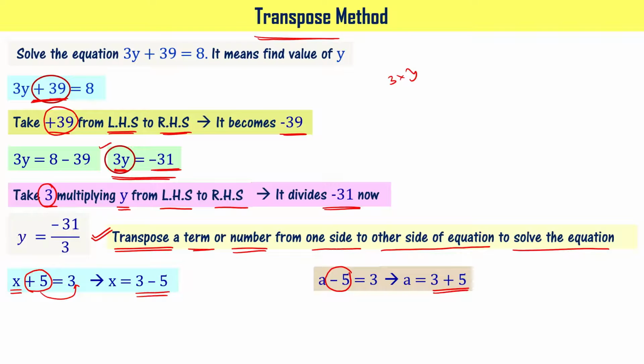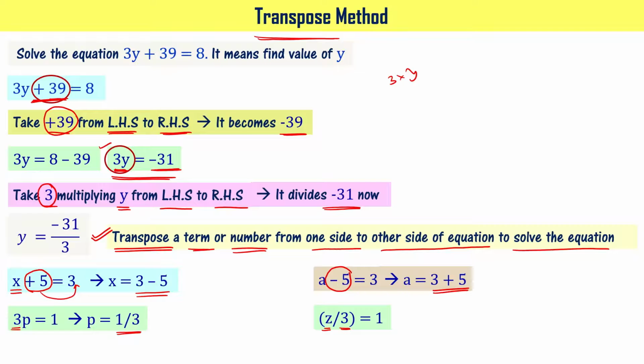Got it? Now let's look at another example. 3p equal to 1. Number 3 is multiplying p, right? When you transpose this 3 onto the right hand side, it becomes 1 by 3 because it is going to divide on the other side, right? Now let's look at another example. z by 3 equal to 1. Here the variable z we want to get the value of, and 3 is dividing z.